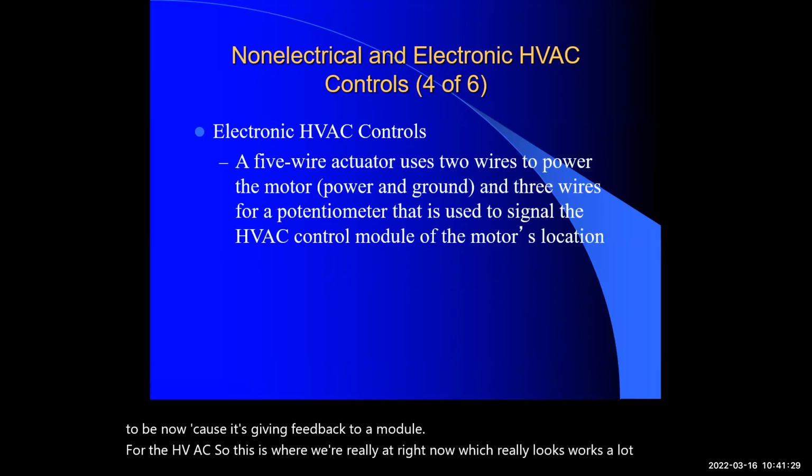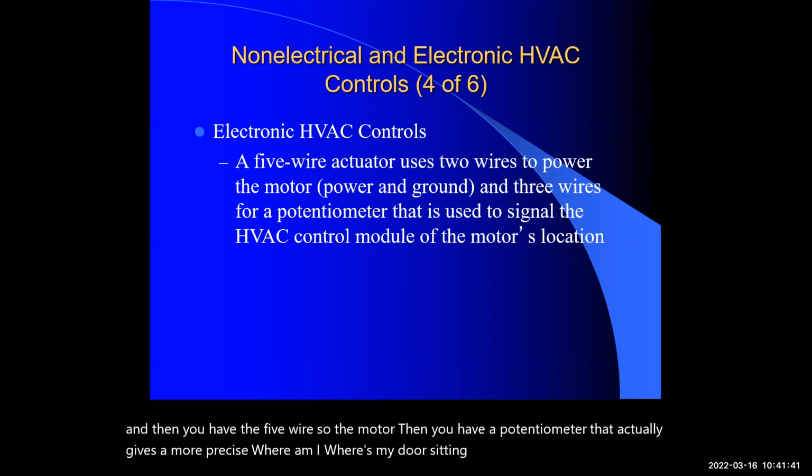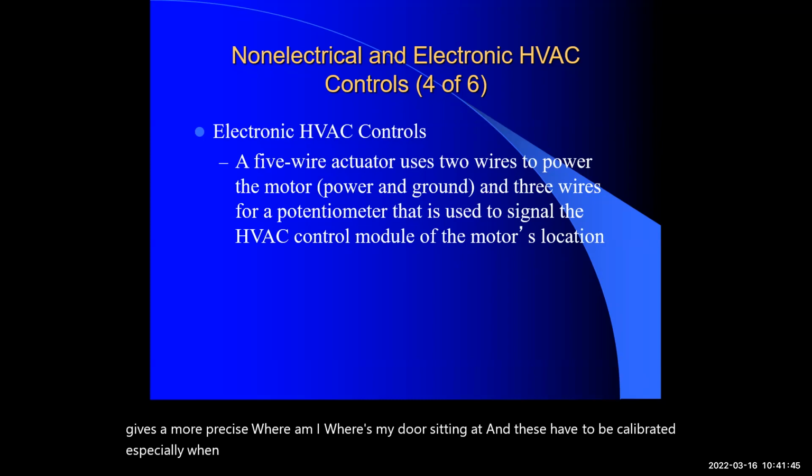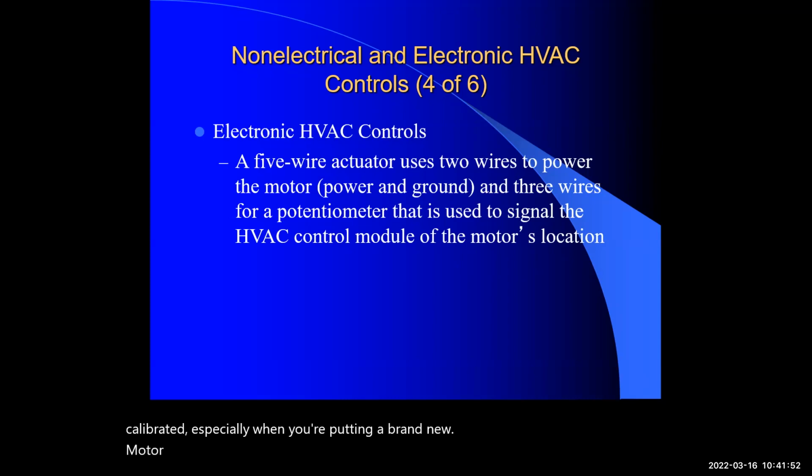And then you have the 5-wire, so the motor, then you have a potentiometer that gives a more precise reading of where my door is sitting. These have to be calibrated, especially when you're putting a brand new motor and potentiometer together.